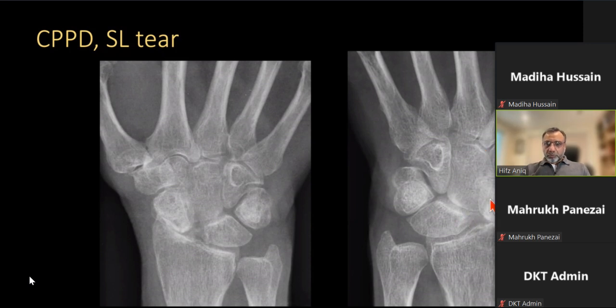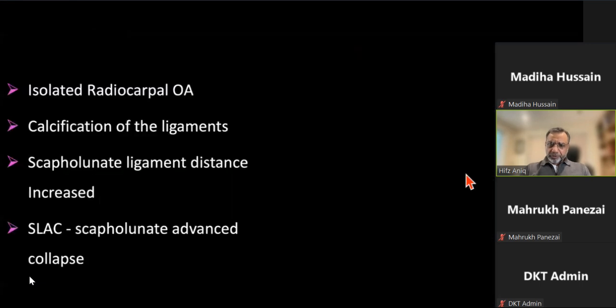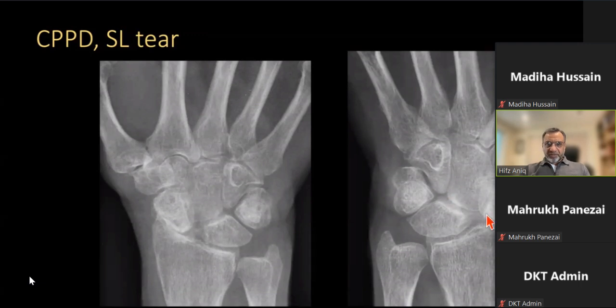So it is quite deformed. There is osteophyte formation in the radius. Now, with the scapholunate ligament torn, the capitate is subluxing proximally, which leads to osteoarthritis. So this appearance is called SLAC, scapholunate advanced collapse, SLAC.